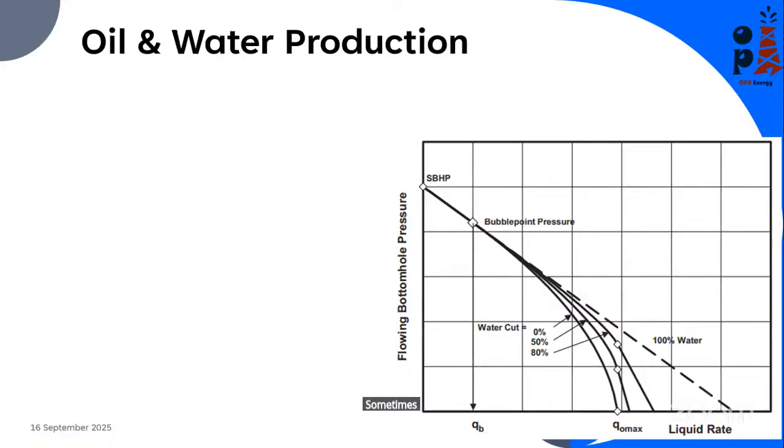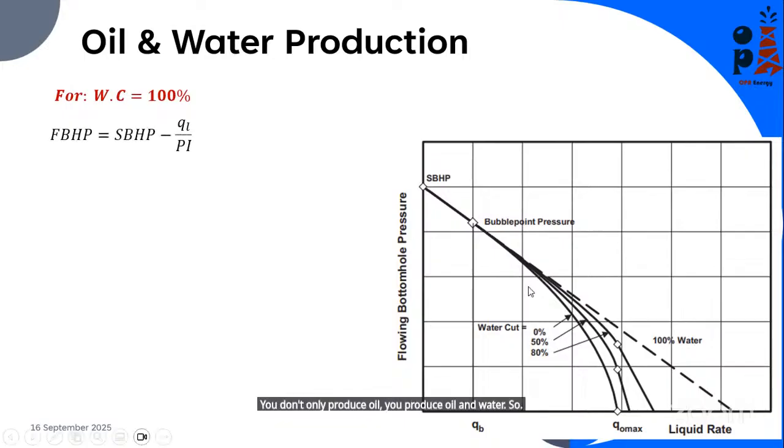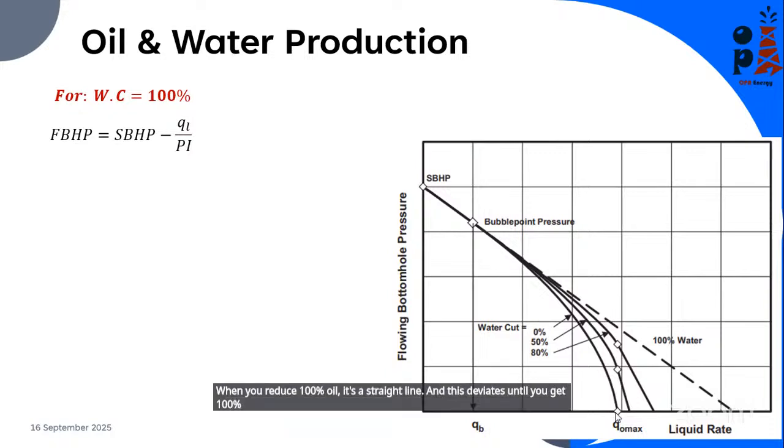Sometimes, or most of the time, you don't only produce oil, you will produce oil and water. So there is a correlation for this. When you produce 100% oil, it's a straight line. And this deviates until you get 100% water here.